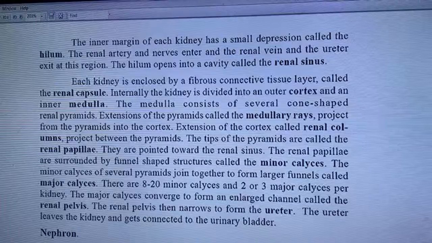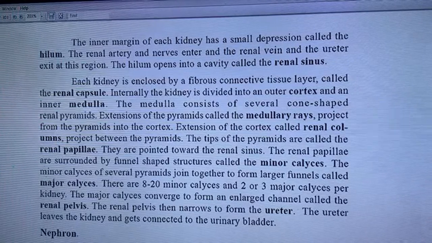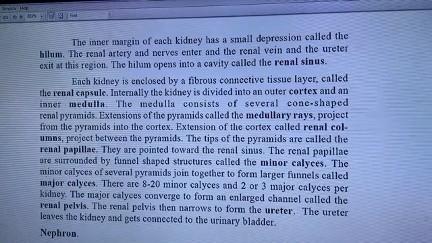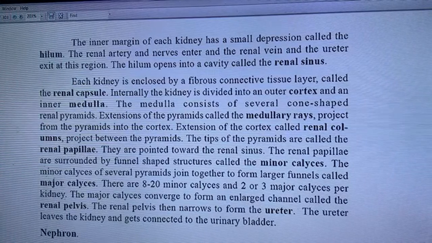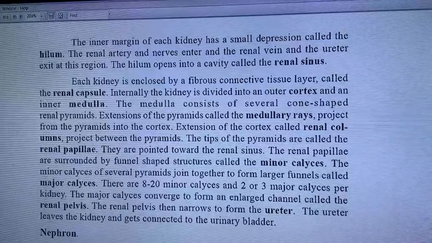There are up to 20 minor calyces and 2 or 3 major calyces per kidney. The major calyces converge to form an enlarged channel called the renal pelvis. The renal pelvis then narrows to form the ureter. The ureter leaves the kidney and gets connected to the urinary bladder.